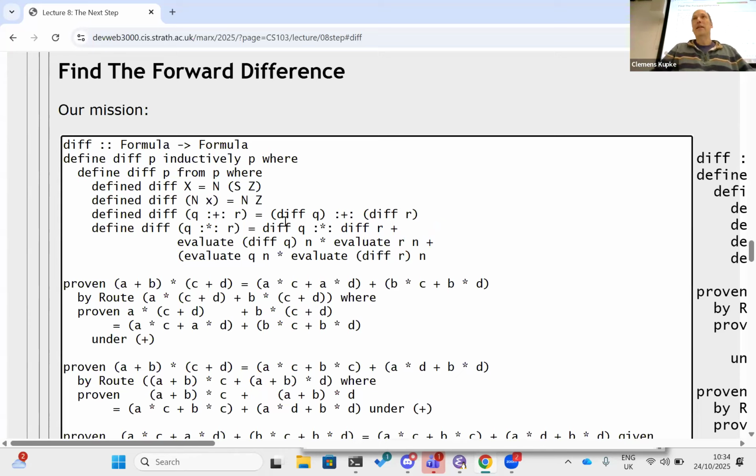And then plus another term, but again, the plus is the plus of numbers. We have to use, of course, here the plus of formulas. So we go to this plus, and now do a diff q times, and this is just r, because we just evaluate r.